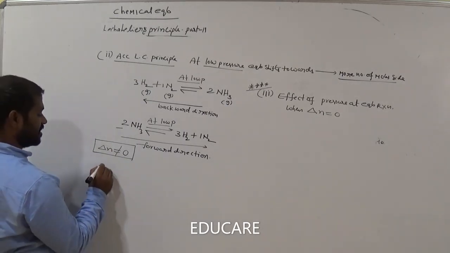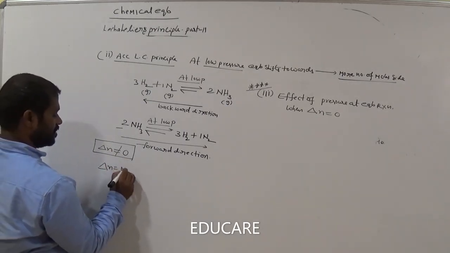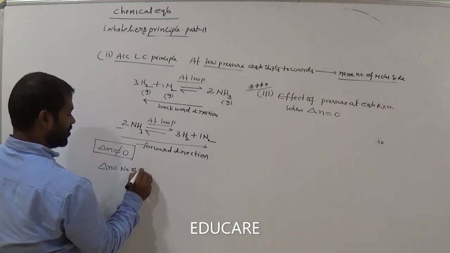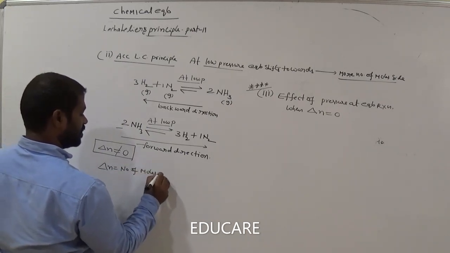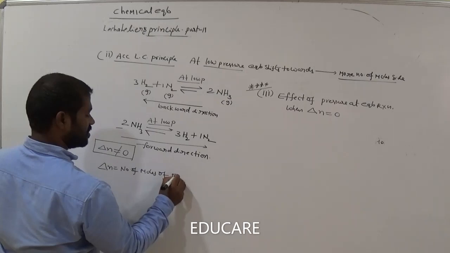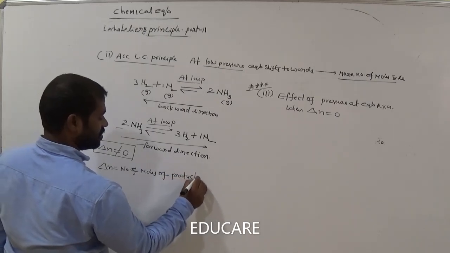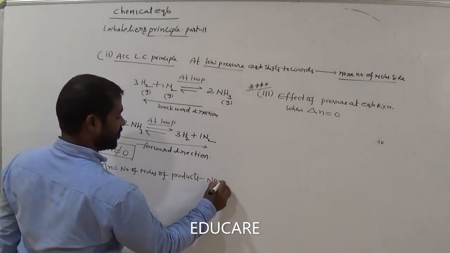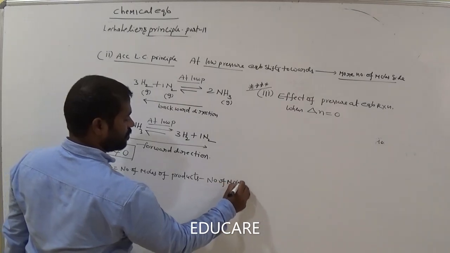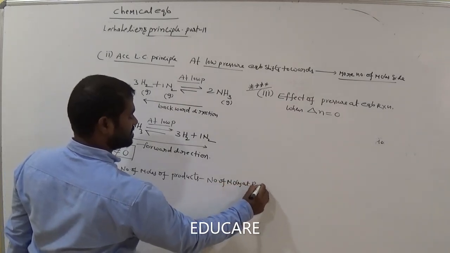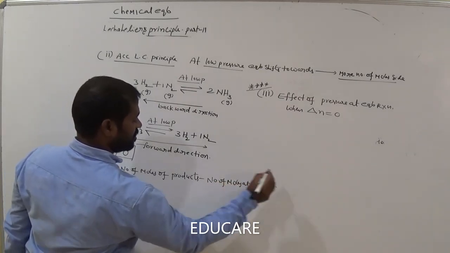What is delta n? Number of moles of products minus number of moles of reactants.